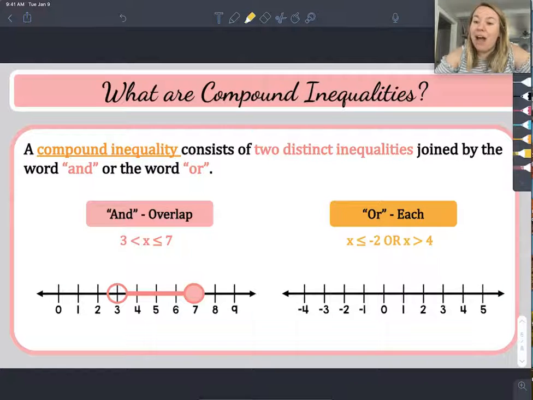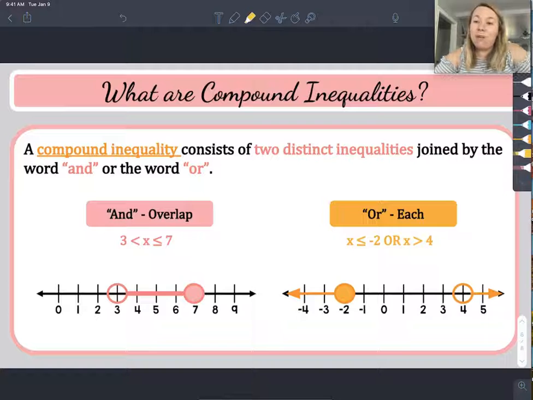So if I was to graph both of these, it's actually going to look like this. I have a closed circle on my -2 and an arrow pointing to the left, and an open circle on 4 and an arrow pointing to the right. So we're just simply graphing both of those solutions. Keep in mind with an or, sometimes the arrows can point in the same direction, and sometimes they can point in towards each other and keep going on forever.